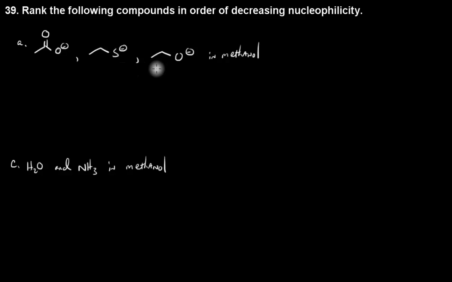Okay, so thinking about the solvent that we're using, that's going to be really important. We're using methanol, a polar protic solvent. For polar protics, this will potentially invert nucleophilicity if we're going vertically up and down the periodic table.